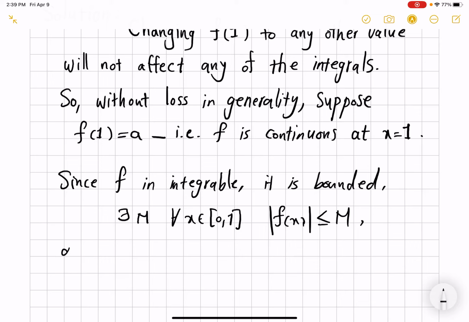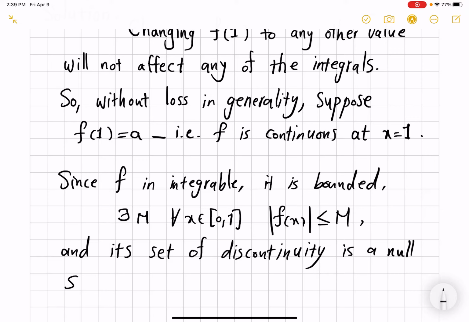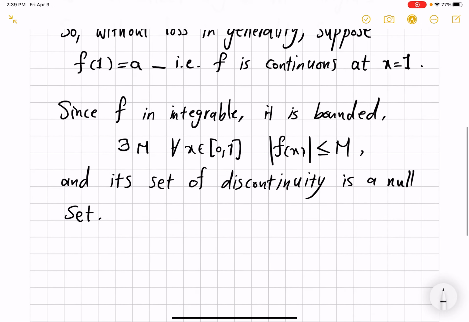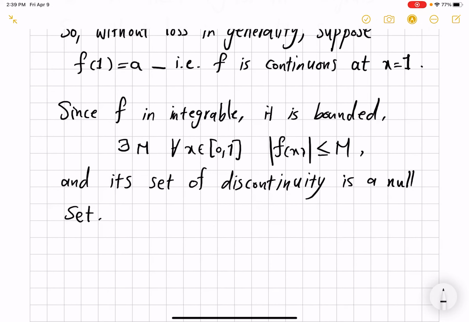And its set of discontinuities, the points x where the function is discontinuous, is a null set, which you don't need any Lebesgue measure to define. It's just any set you can cover by a union of intervals whose lengths add up to less than an arbitrary epsilon.